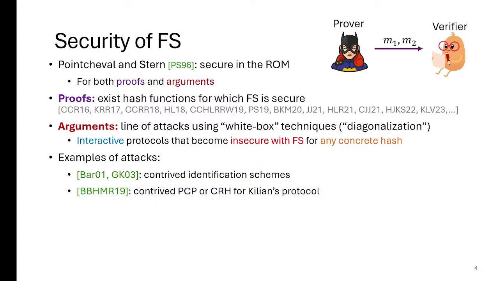The second attack: they build a collision-resistant hash function. Remember, you take the PCP and commit it in a Merkle tree in Kilian's protocol. So you use a hash function for that, a CRH. They took a CRH that is aware of the Fiat-Shamir hash function, and with this CRH, which is an actual CRH, it still breaks Fiat-Shamir. So it's a different style of attack from the other three.